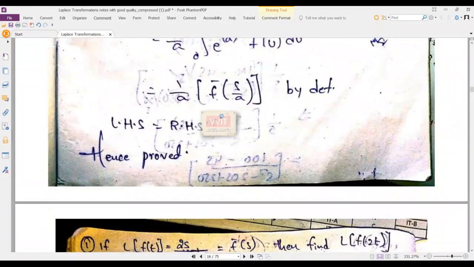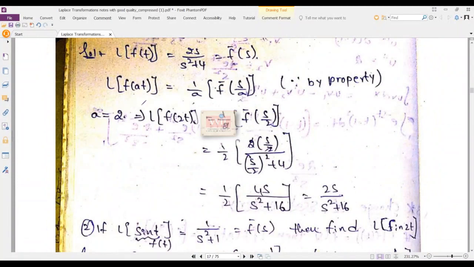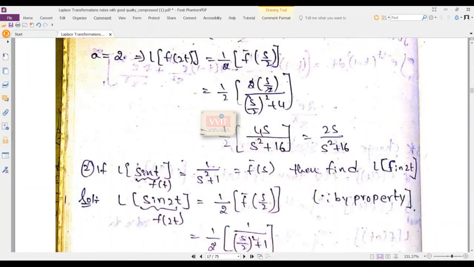Here is an example. L of sin t is given: L of sin t is 1 by s square plus 1. If a coefficient is present, whatever the coefficient might be, then L of sin 2t can be written as per that.